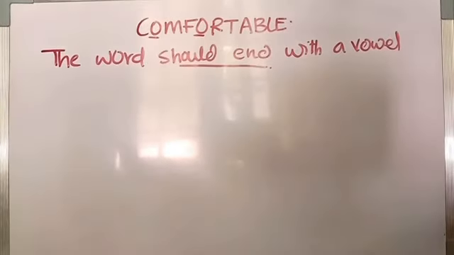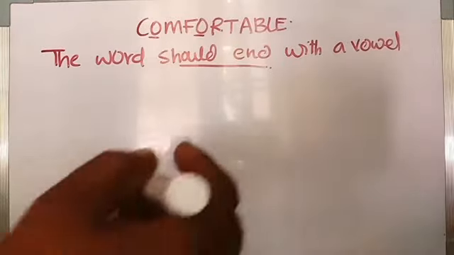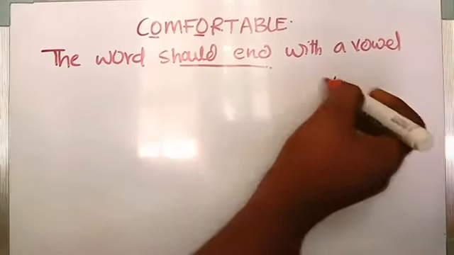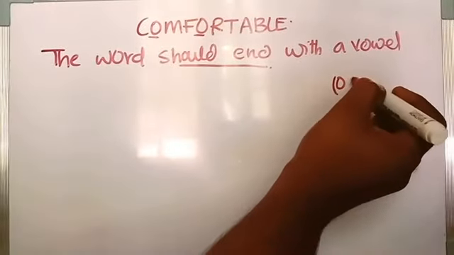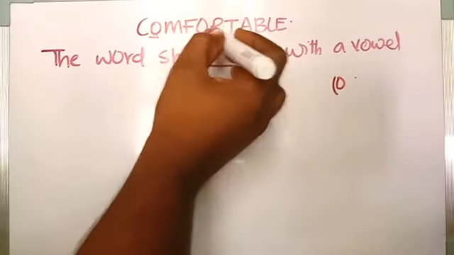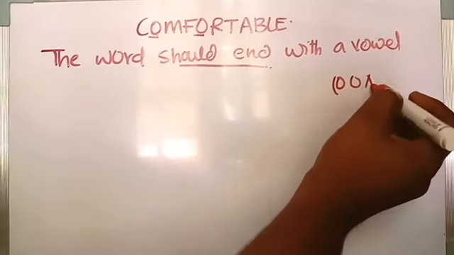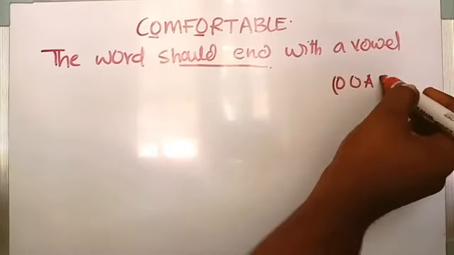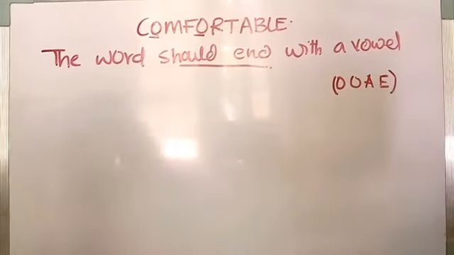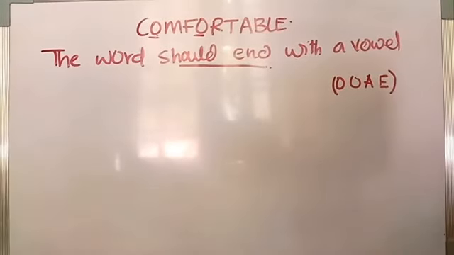Next question is to make the arrangements in such a way that the word should end with a vowel. The word should end with a vowel. So what are the vowels you find here? O, O, A and E. Okay, now let's make the places.